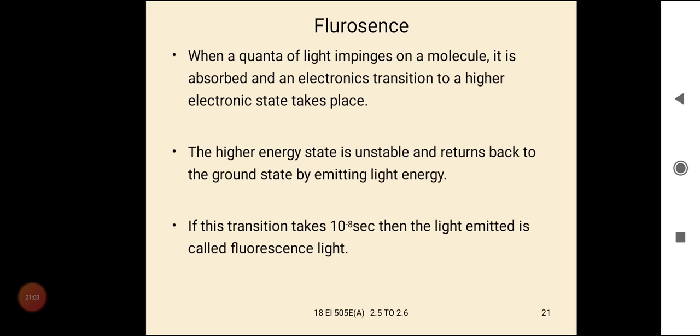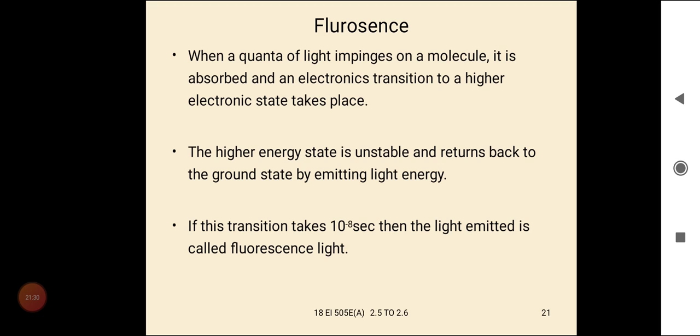So when a quantum of light impinges on the molecules in the sample, they absorb the radiation and are excited. Due to this absorption of external energy, they change from a lower energy level to a higher energy level.